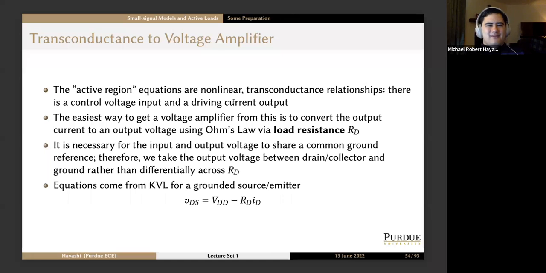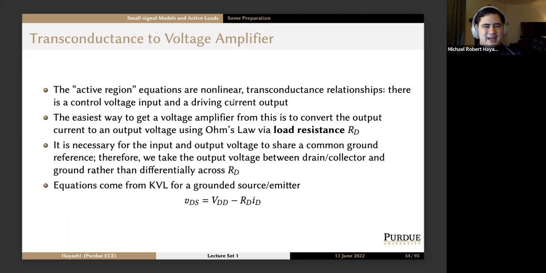The easiest way to get a voltage amplifier from this is to simply convert the output current to an output voltage using Ohm's law. If we include a load resistance in the drain, RD, we're going to get a voltage out that's proportional to the current.